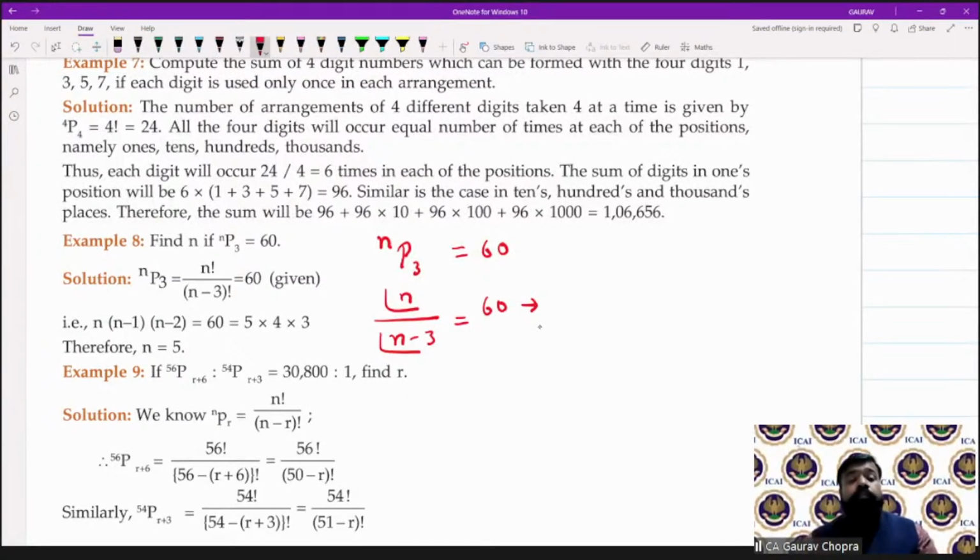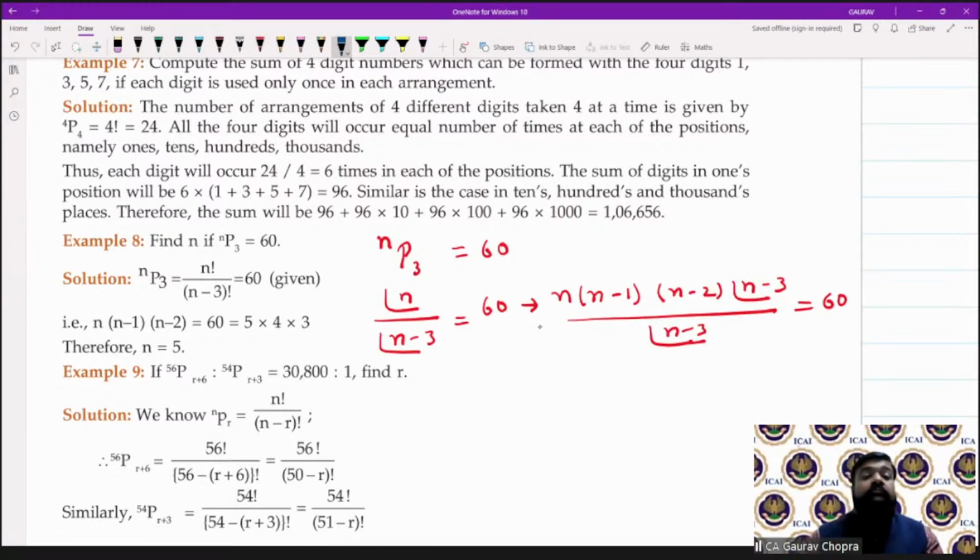Now, which is bigger? Factorial n. So it can be opened as n, n minus 1, then n minus 2, and factorial n minus 3 upon factorial n minus 3 equal to 60. So factorial n minus 3 will get cancelled.